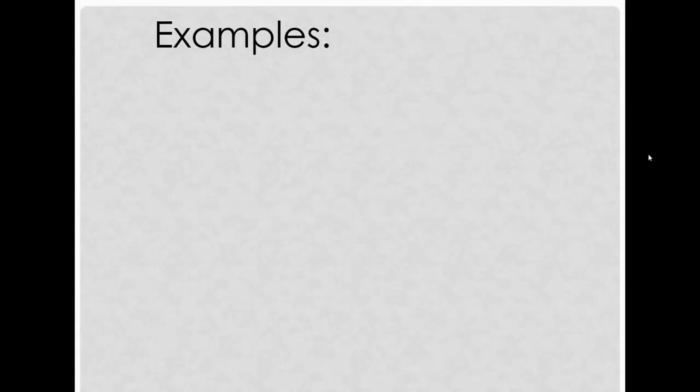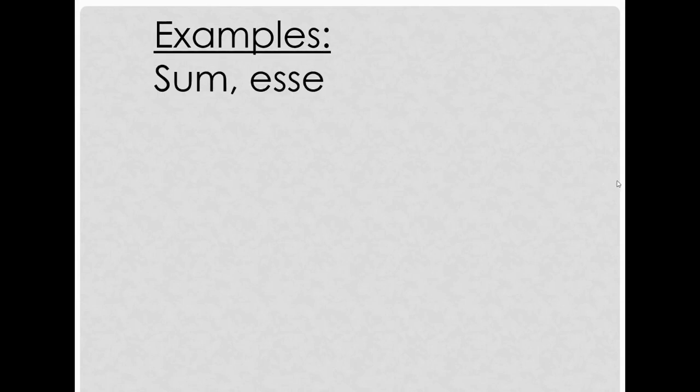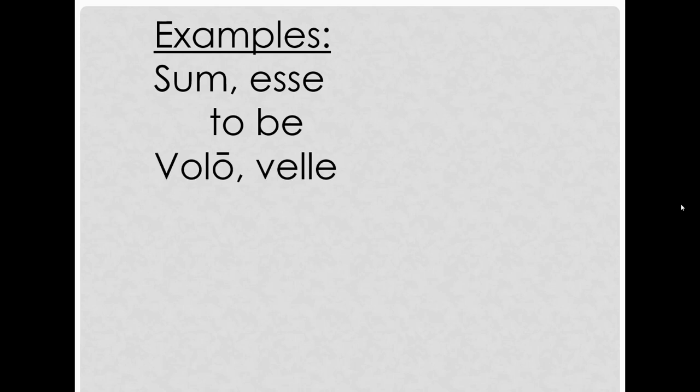So go ahead and flip it to the back. Essentially for the irregular verb note card, I'm just going to have you write down the examples. I'm not going to have you write down roots because there are no regular roots for them. The first example and the most common example is the verb sum esse, and that means to be. You have most commonly seen this verb in its forms est, it is, or sunt, they are. The second example is the word volo velle.